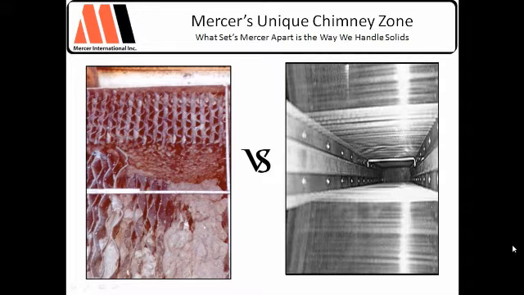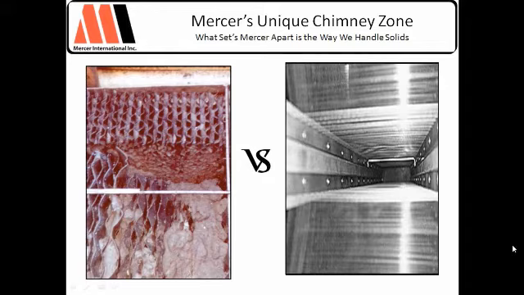With a big chimney zone like we have here, maybe we should call it a beefy zone instead of a chimney zone, because it's just big. It's almost impossible to foul. I've been looking at these things in the field for many, many years, and I have not seen one fouled yet. That's how big the chimney is on here.